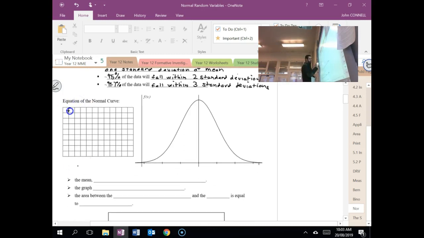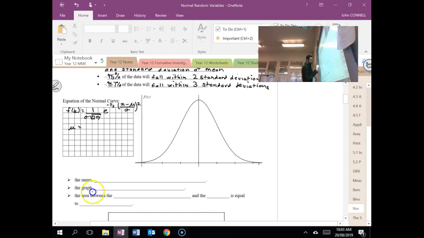So, the equation of the normal curve. Now remember, when we were given continuous random variables, we were actually told what the probability density curve was. We were given an equation. So the equation for the normal is 1 on sigma, sigma being my standard deviation, times the square root of 2 pi, e to the power of minus a half, x take mu, mu being the mean, on sigma squared.